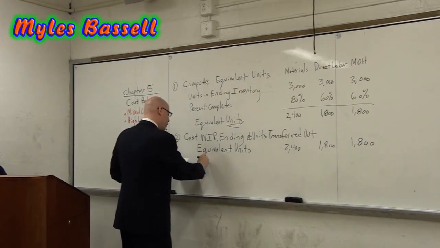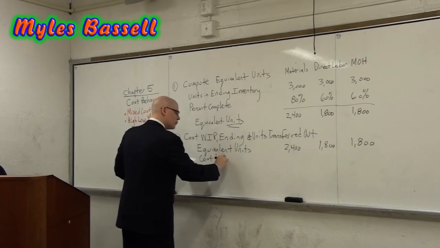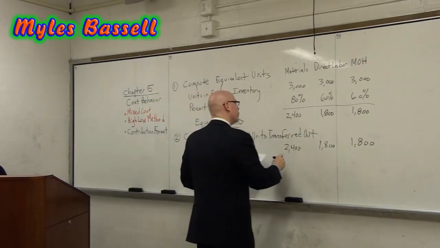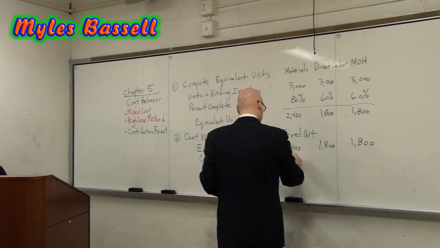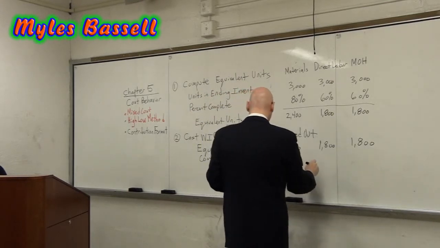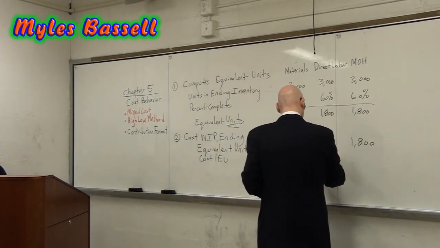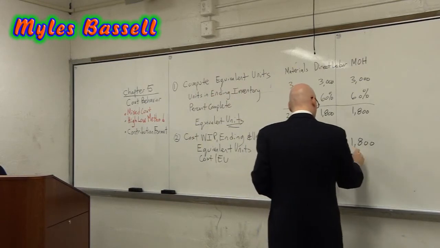So the cost per equivalent unit is what, $12.50 for materials? $320, and $640.